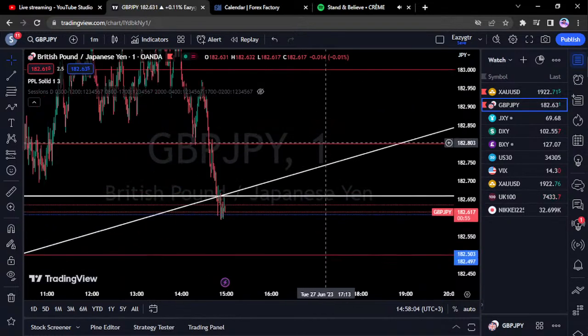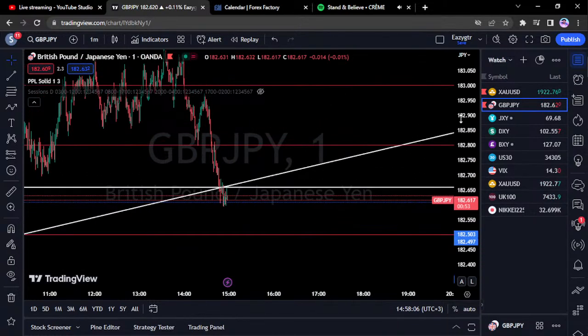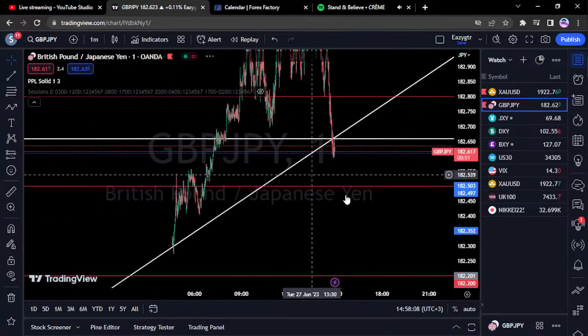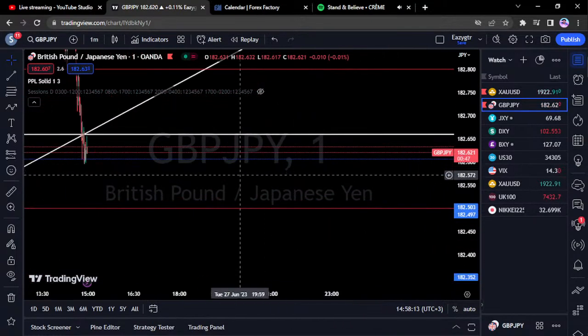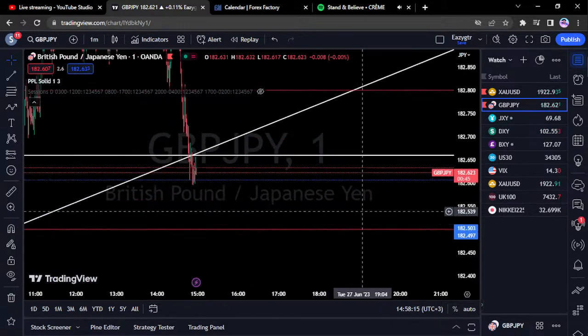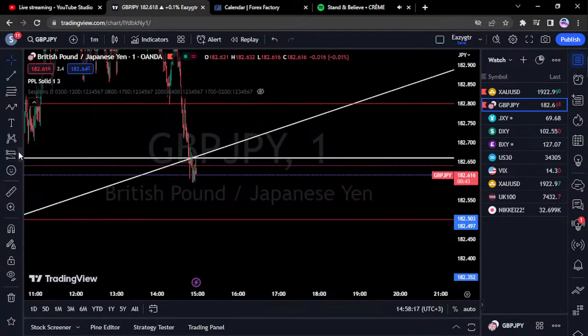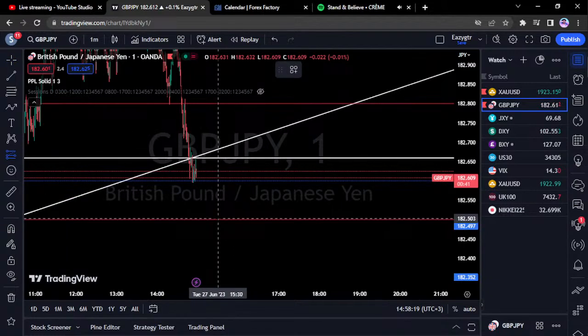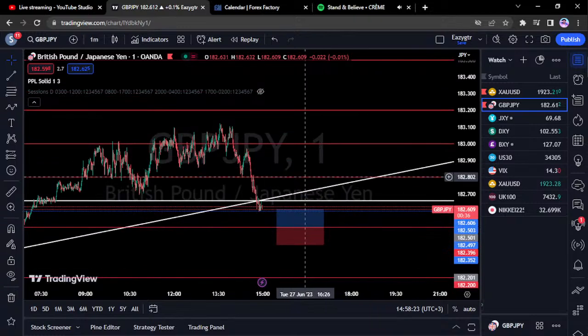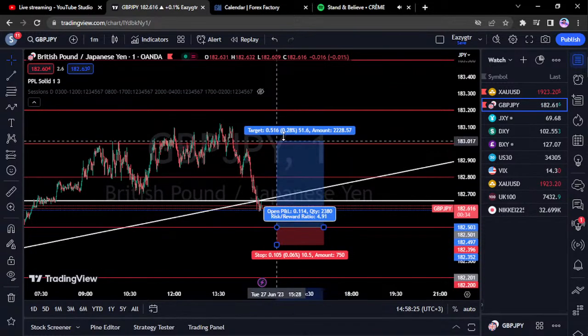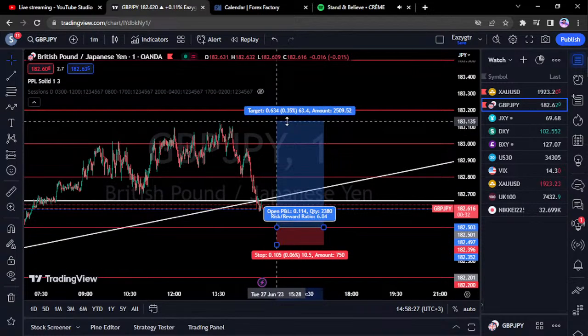For GJ on the lower time frames, I need to see GJ dive down all the way to 182.500, to around 183.100.